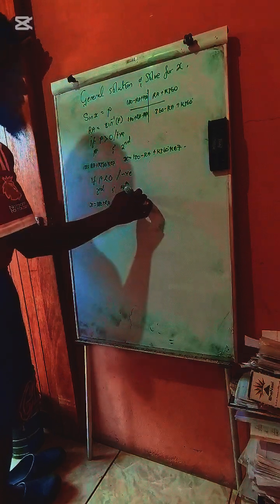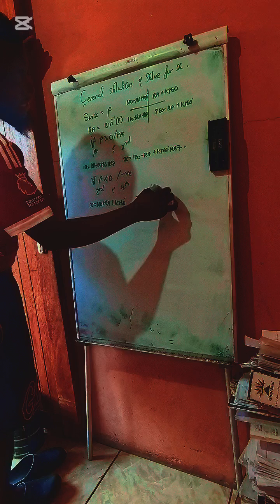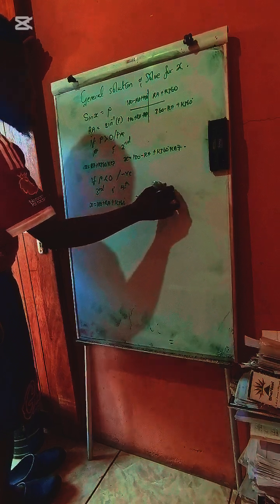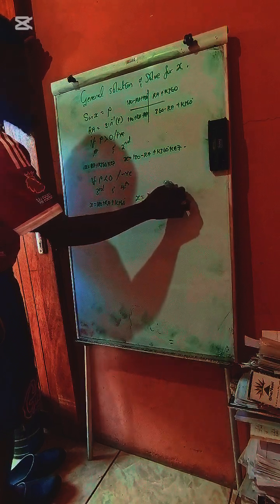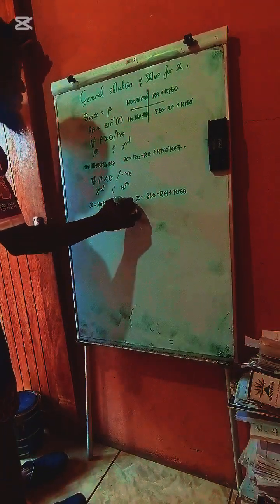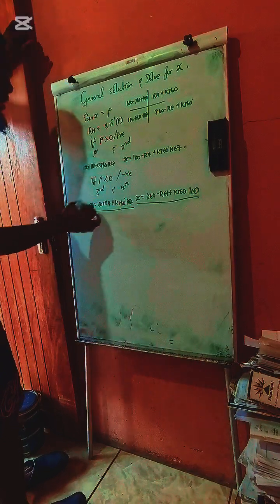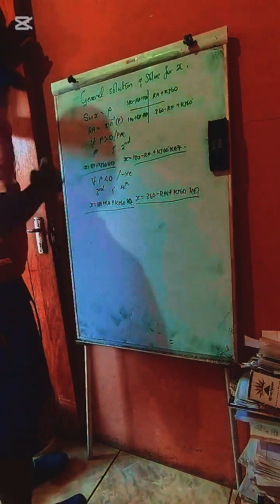Fourth quadrant, x equals 360 minus reference angle plus k 360. Some say 360k, it's up to you. Where k is an element of all values. You see, that's how you do it for sine.